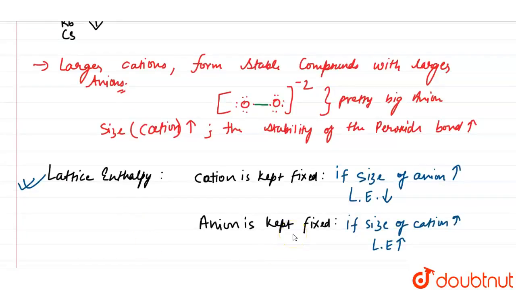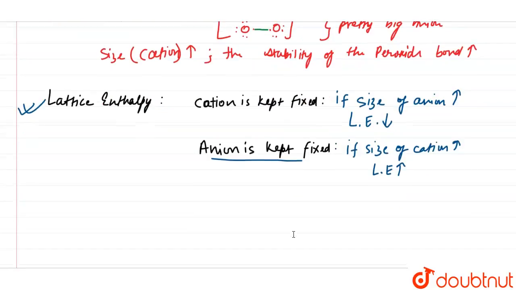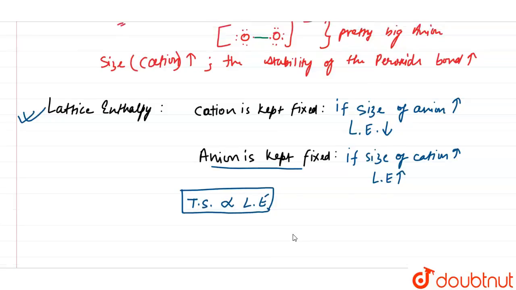As anion is kept fixed, if size of cation increases, lattice enthalpy increases. And we know that thermal stability of any compound is directly proportional to the lattice enthalpy. If the lattice enthalpy is low, then the thermal stability will be low.